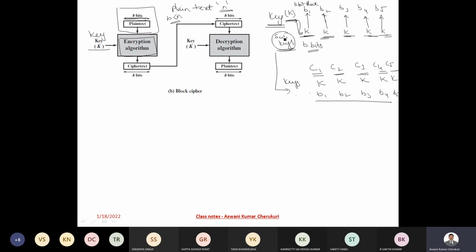One advantage of doing it this way is that you are performing independent processing of the blocks. This particular block is processed with K, this one with K, and this one with K. Do you see any kind of dependency here in the output, C1, C2, C3, C4, C5?